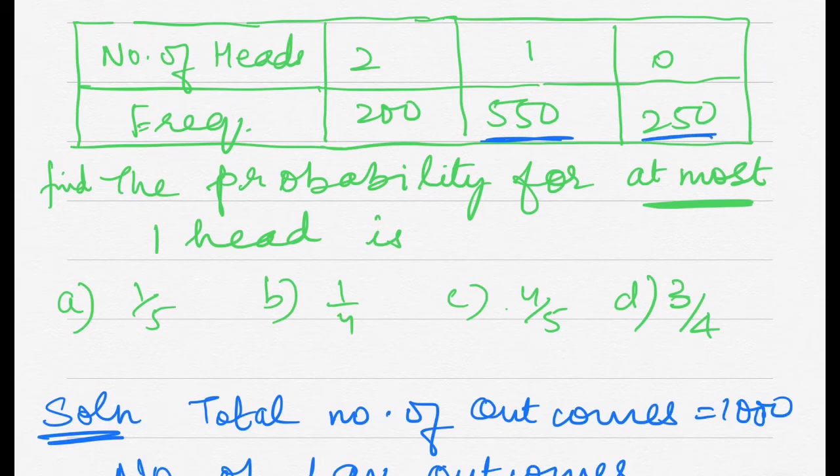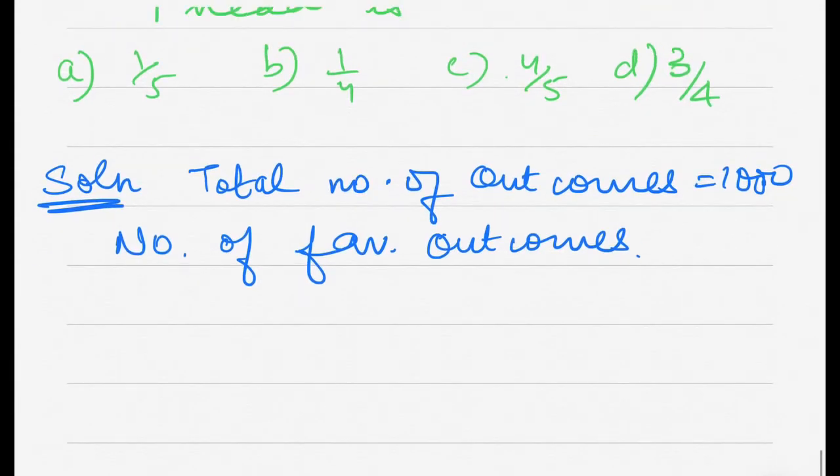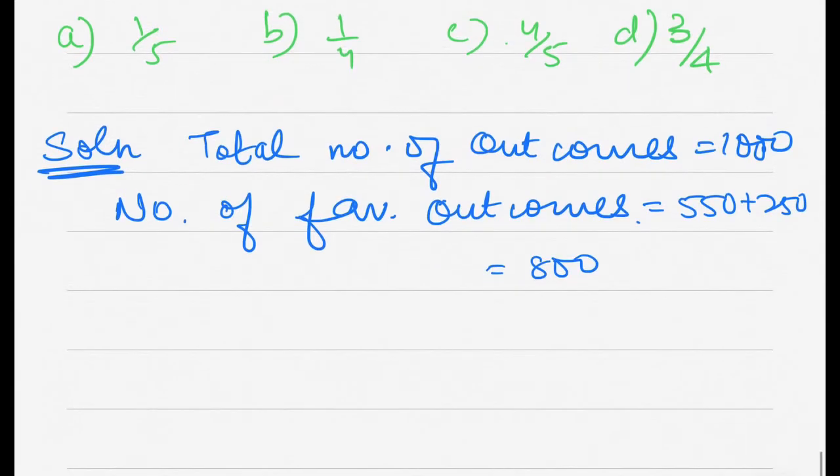So 1 head is 550 and 0 head is 250. I have to add both of these two because they said at most one. So this will be equal to 550 plus 250, so that gives me 800. So these are my number of favorable outcomes.